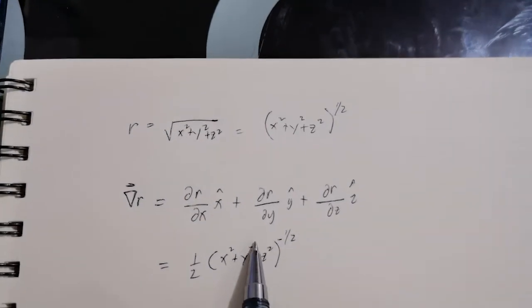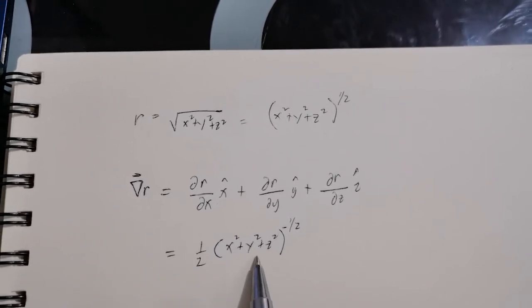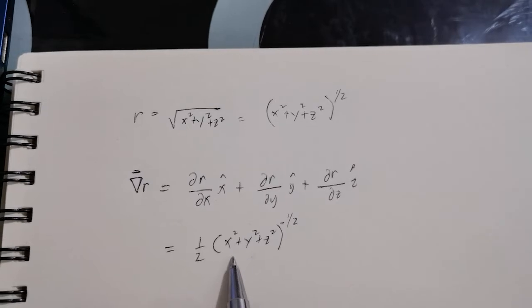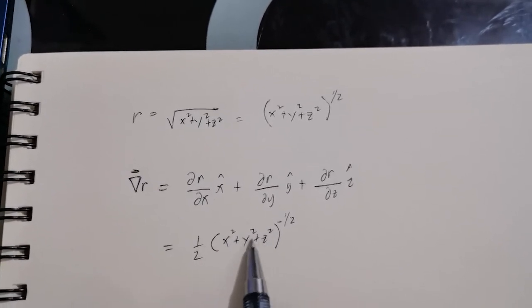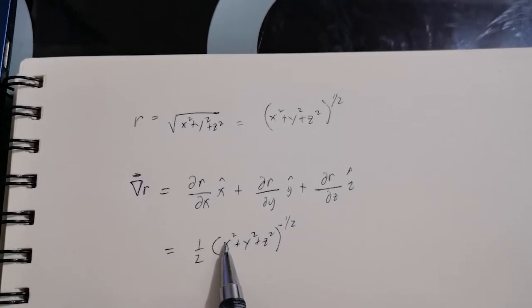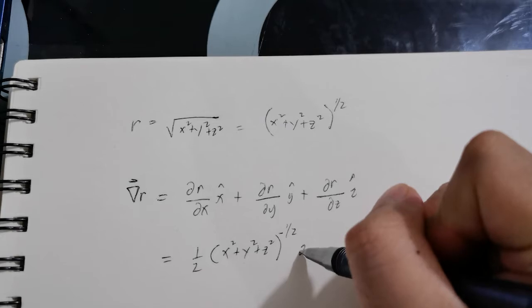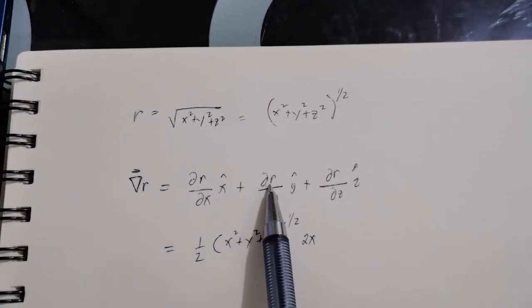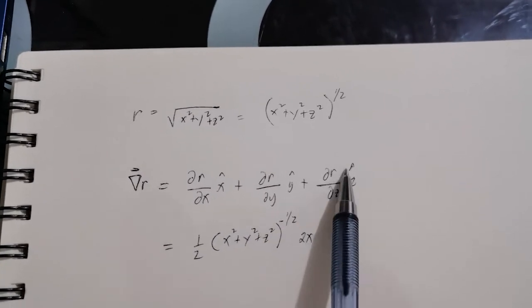And then after that, you take the derivative of what's inside with respect to x. Everything else is a constant, so it will be 0, while the derivative of x squared is 2x. The same thing happens when you take the derivative of r with respect to y and also with respect to z.